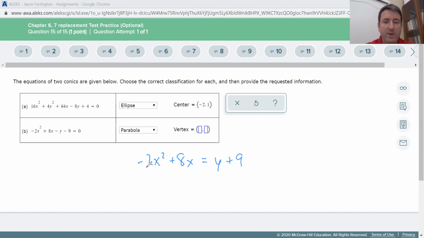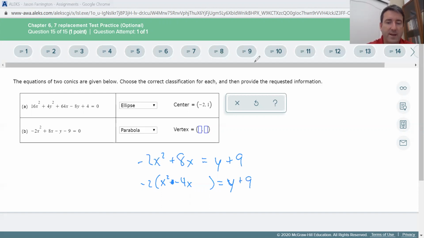And now we'll factor that -2 out. So we get -2 times x squared minus 4x, because 8 divided by -2 is -4. And then we'll leave some room to complete the square, is equal to y plus 9.